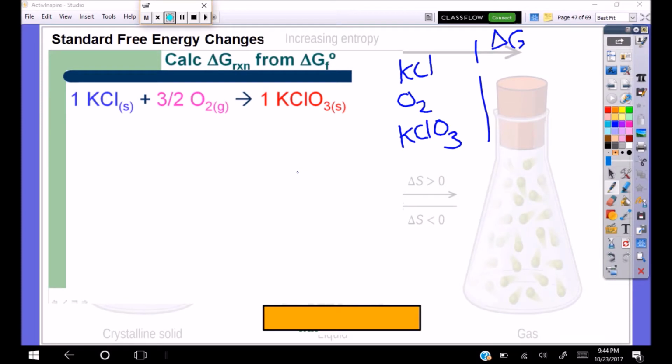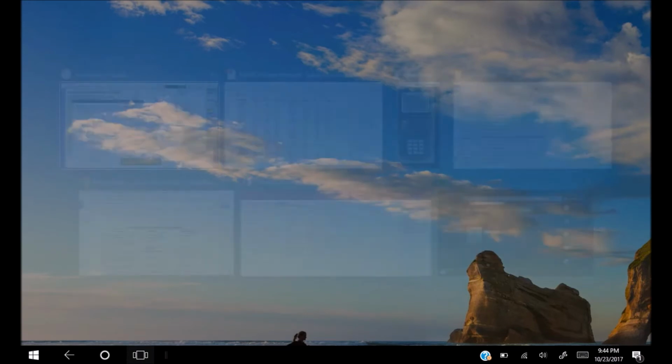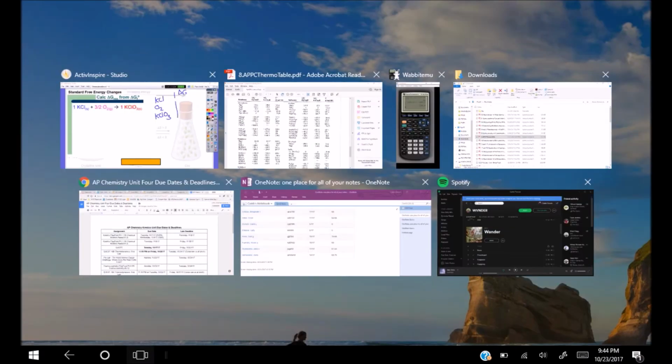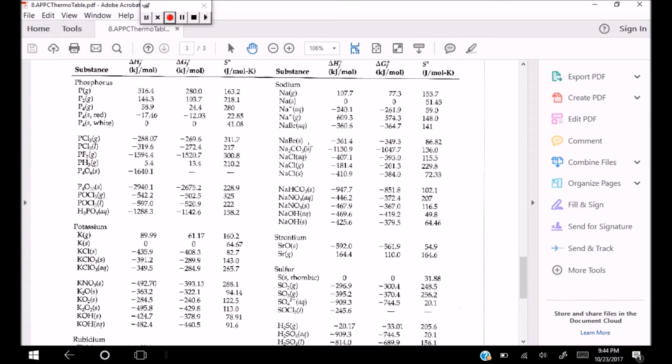Okay, here's another one. This time we have to look at our table and look up our values, but be careful because the states of matter do in fact matter. When we look these things up, we look at the table right now. Potassium chlorate has both an aqueous state, that is here, and a solid state.